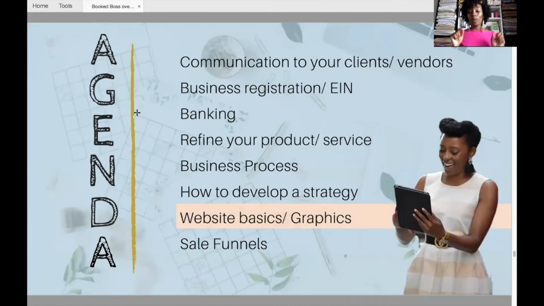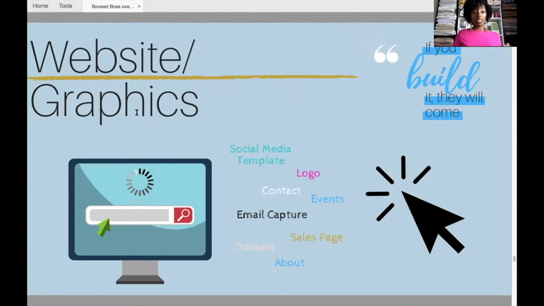Next are going to be your websites and your graphics. So check this out. Your website definitely needs to have your logo structured somewhere around there. You're definitely going to need your contact section, an event section, an email capturing section, as well as a sales page, most importantly.